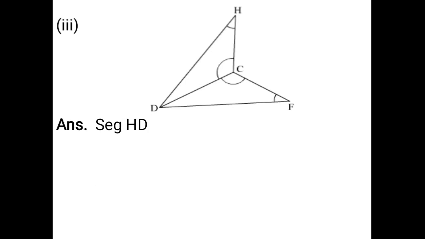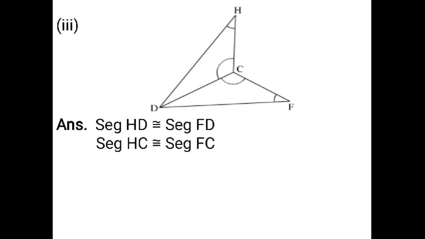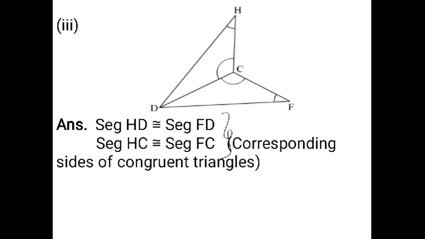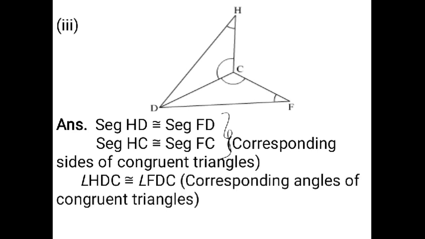Segment HD is congruent to segment FD. Segment HC is congruent to segment FC, in bracket corresponding sides of congruent triangles. Angle HDC is congruent to angle FDC, in bracket corresponding angles of congruent triangles.